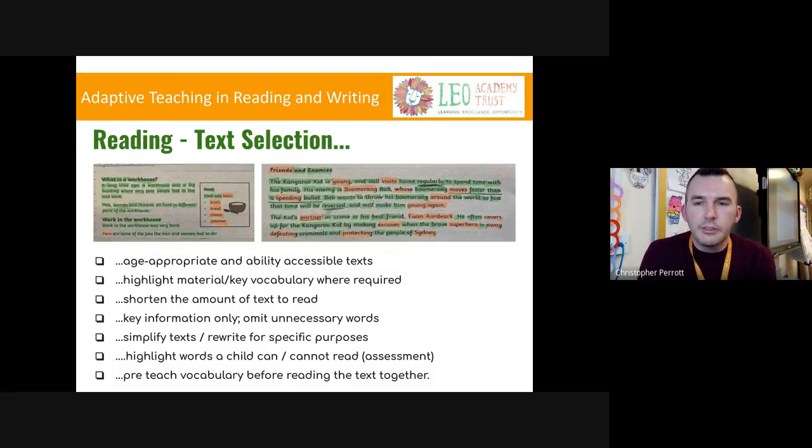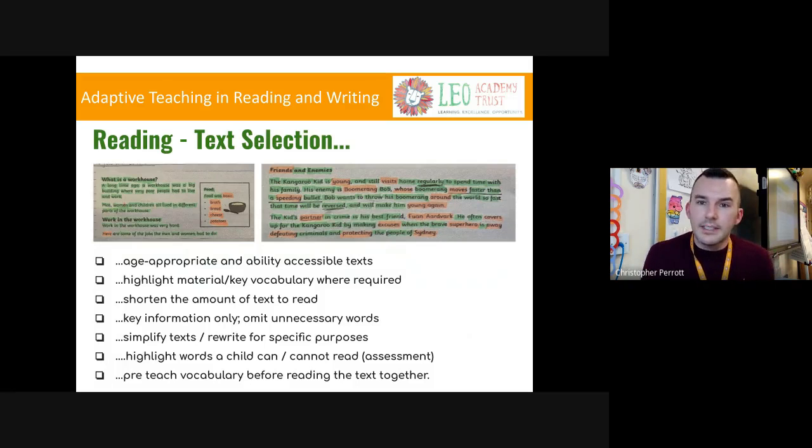Now, what I've done from when I've taught in years 3 all the way to 6 is I've trained the children to highlight the words that they are confident readers of. So if I'm reading with a child or they're reading with my adults in the room, then the adult or myself will highlight every word that a child can read. And if we come to a tricky word, we highlight that in orange, because then that means that later on in that day or later on in that week, I know which words I need to revisit, I need to reteach, I need to go back and talk to that child about as well.